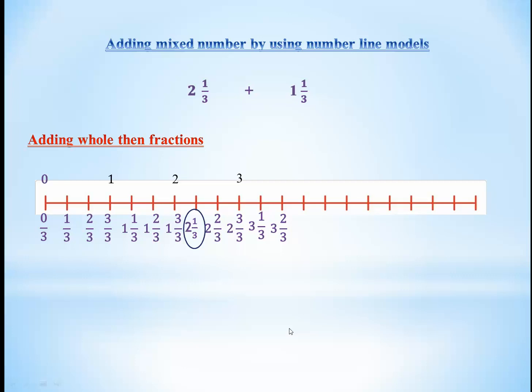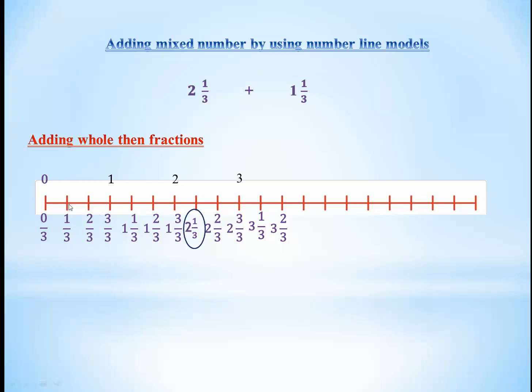Here we know that from 0 to 1, we have 3 steps. So 1 here equals 3 steps, because from 0 to 1 we have 3 steps.